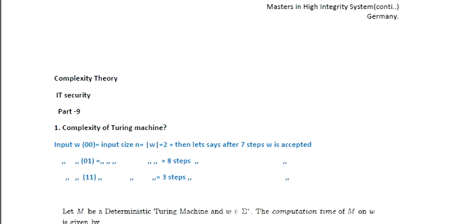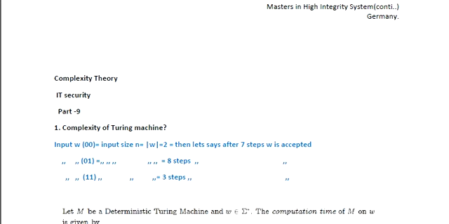Let's say we have an input W, 00, which has the input size n, that is, the length of W is 2. Then let's say after 7 steps W is accepted, or maybe the input is 01 where we have input size n, and this input is accepted after 8 steps.